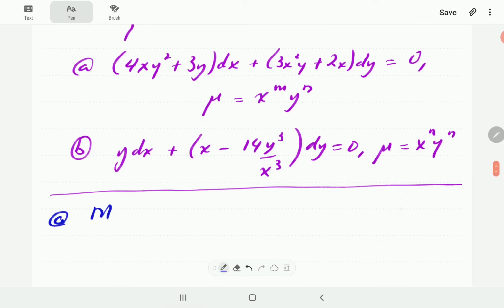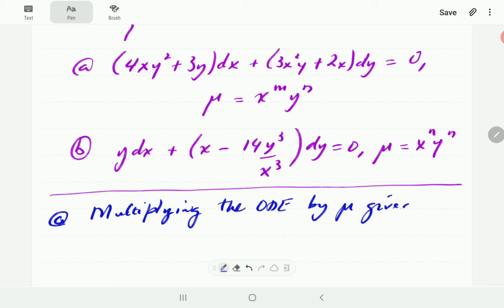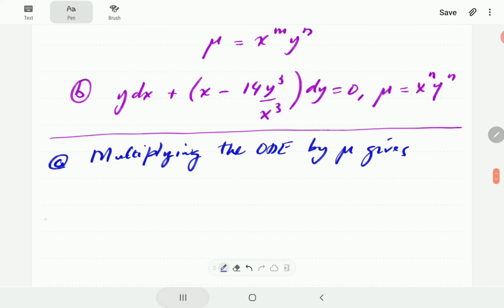Okay, so in A, multiplying the ODE by mu, this is what we're going to have.